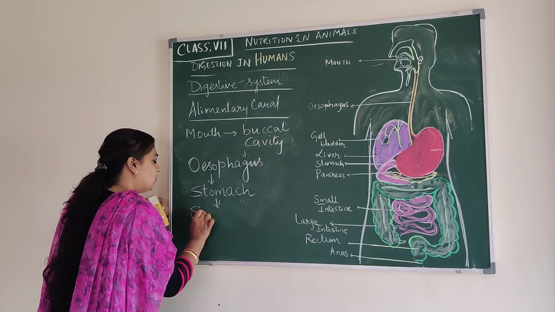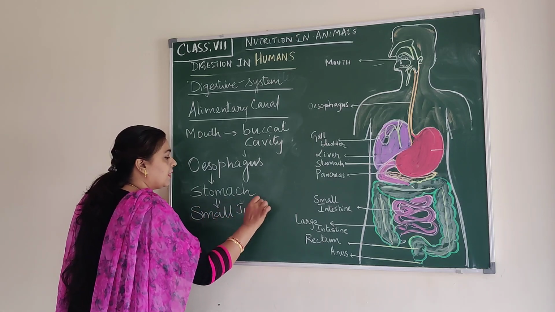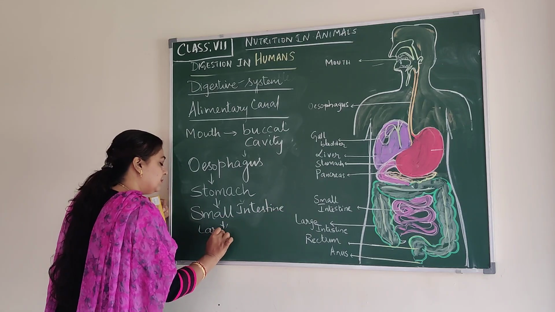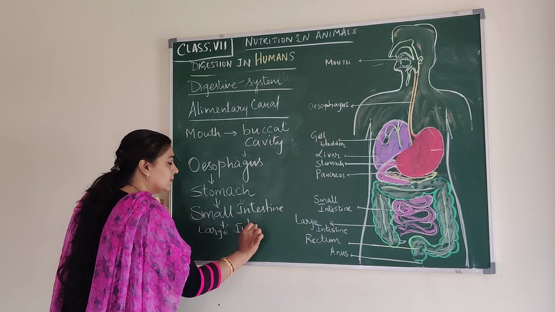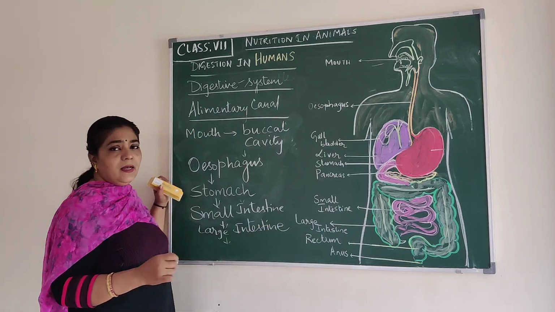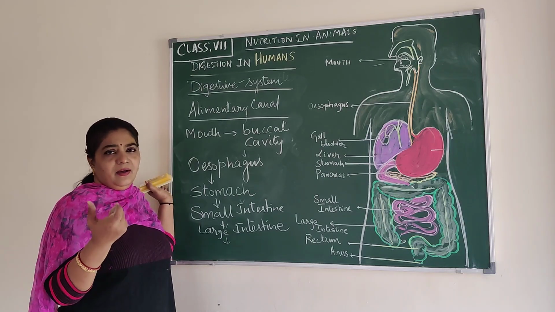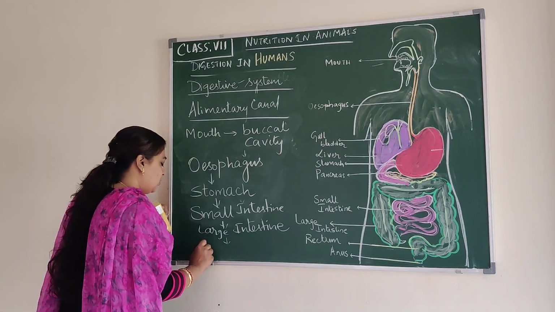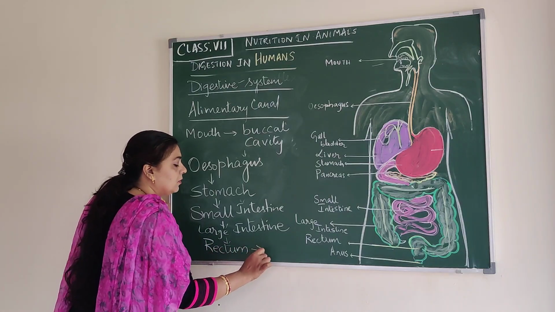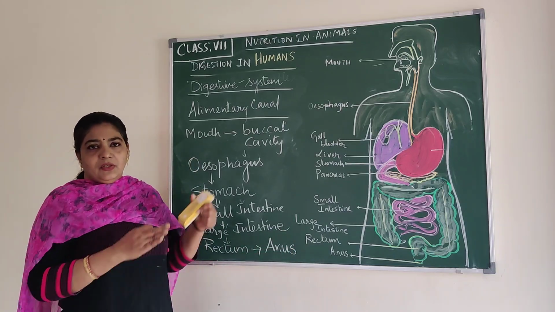Then it goes to the small intestine, then the large intestine. Then there is a pouch which stores the undigested food, called the rectum, and it is thrown out through the structure called the anus.